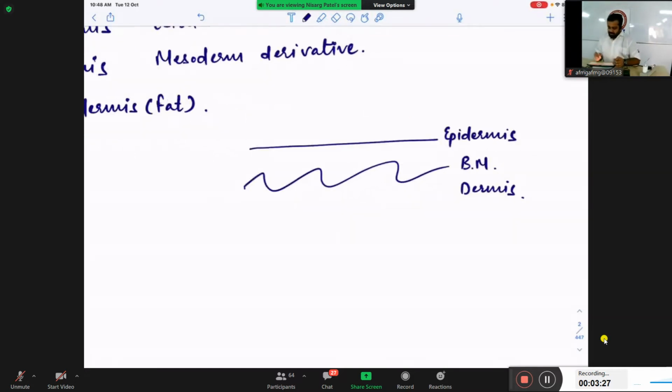Now see this. Can you appreciate this elevation from the dermis into the epidermis? So my basement membrane is not a straight line; it is a wavy line, right?